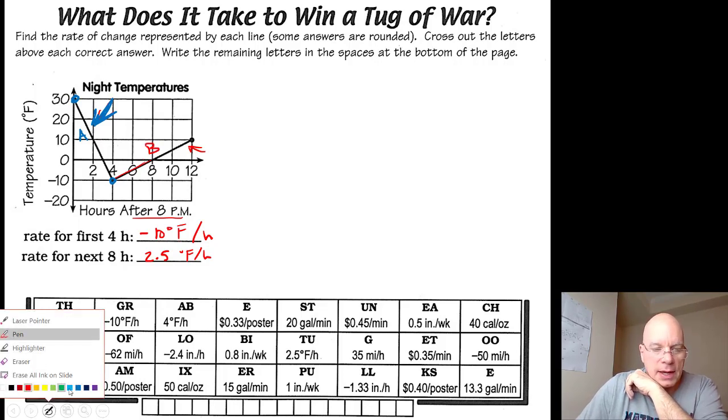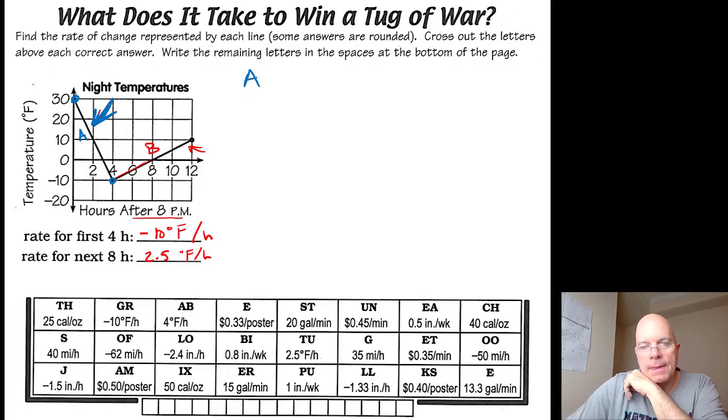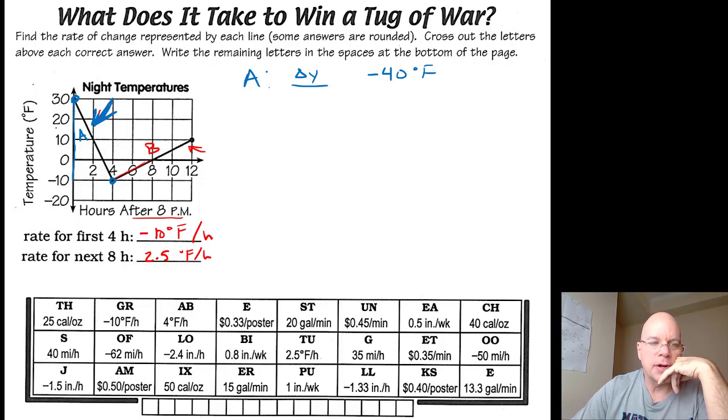For line segment A, we know we've got a downhill slope, so we're expecting a negative slope. Using these 2 points, I went from 30 degrees Fahrenheit to negative 10. That's a change in Y of negative 40 degrees Fahrenheit. 30 minus negative 10 is 40, or negative 10 minus 30 is negative 40.